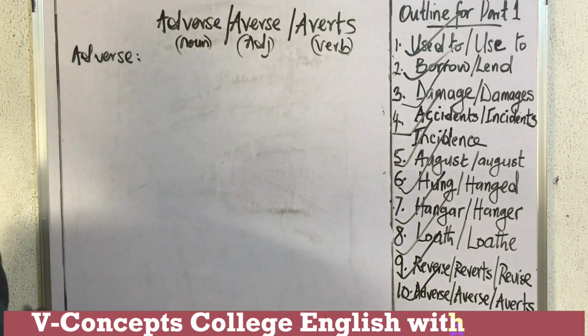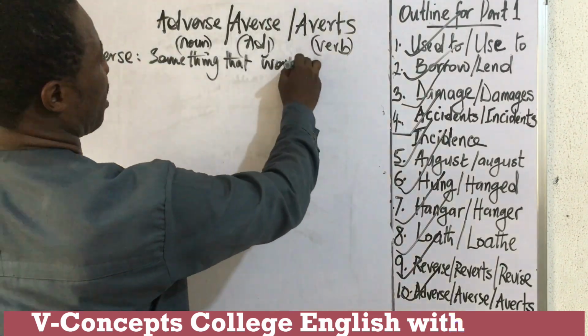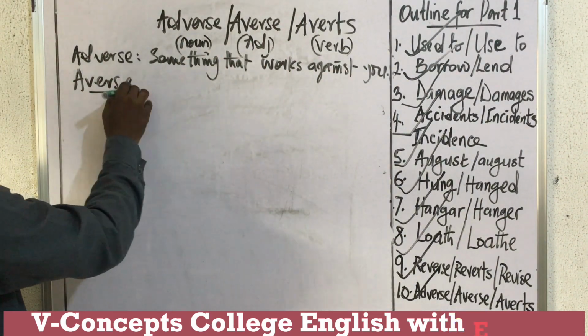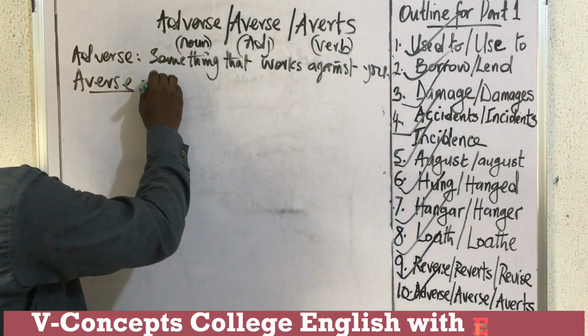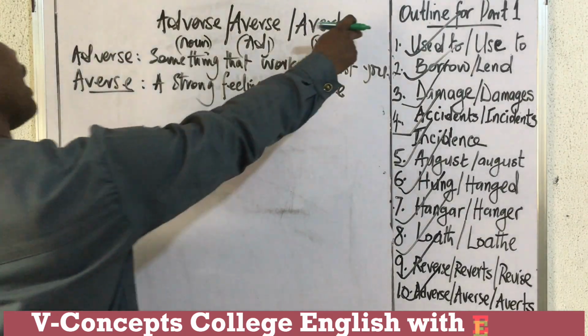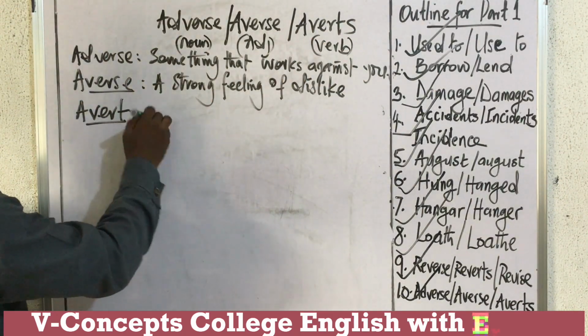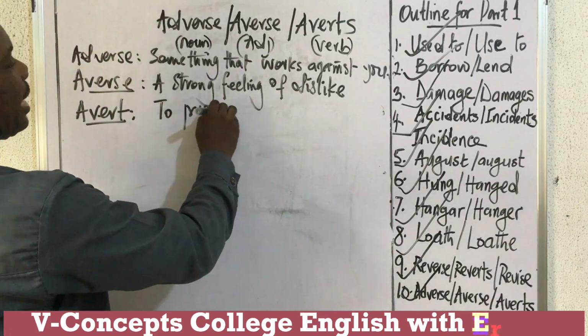Adverse means something that works against you. What about averse? Averse means a strong feeling of dislike. And what about avert? Avert means to prevent something from happening.